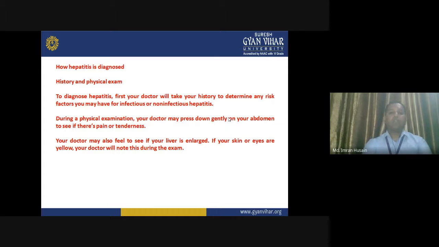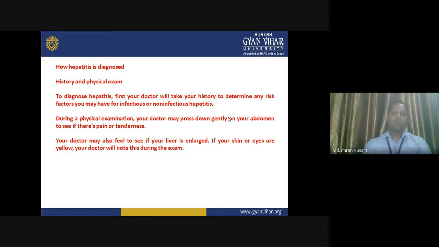How is hepatitis diagnosed? What are the things that are required for the diagnosis of this disease? History and physical exam. To diagnose hepatitis, first your doctor will take your history to determine any risk factors you may have for infectious or non-infectious hepatitis.